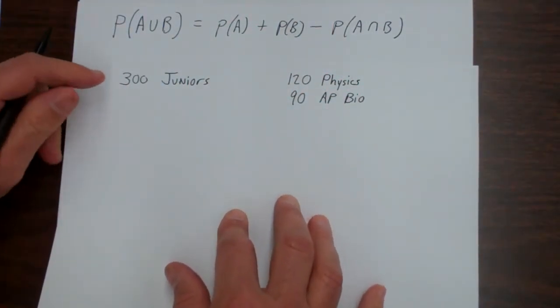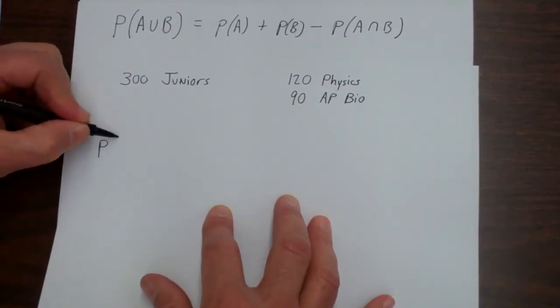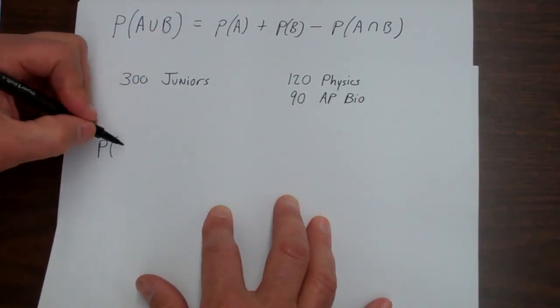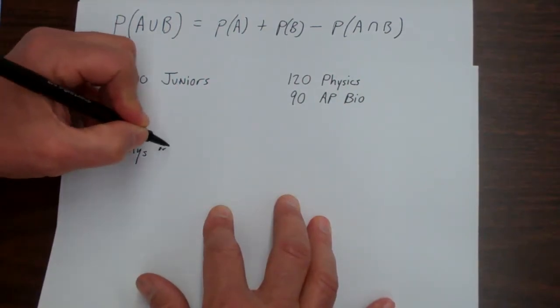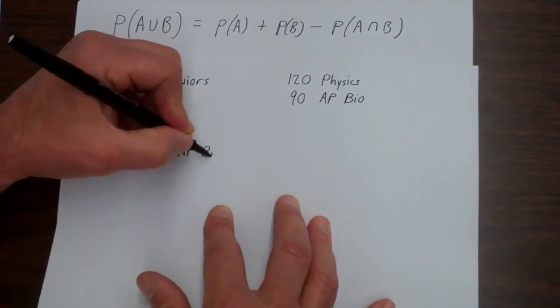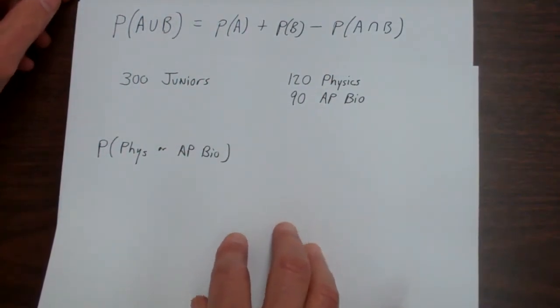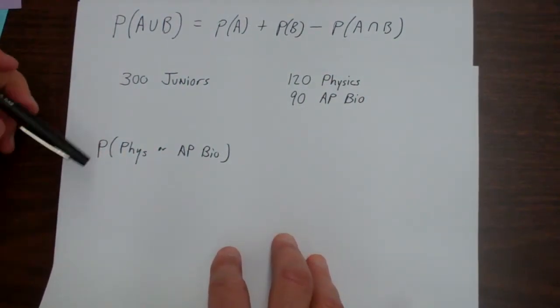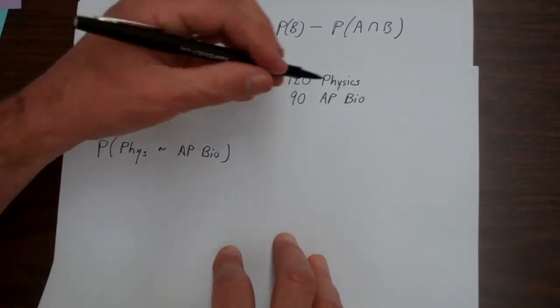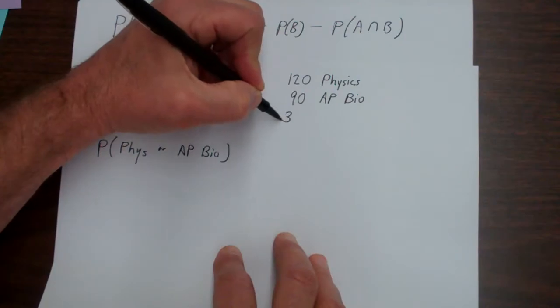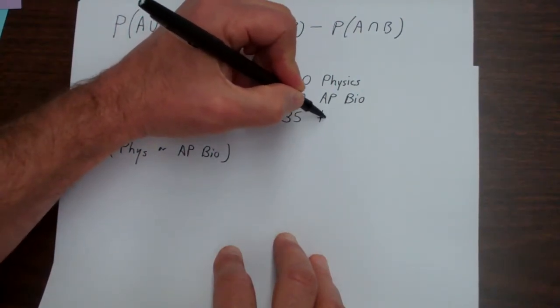The question you want to know is what's the probability that a junior takes either physics or AP bio? What makes this problem a little difficult is some students are taking both. And the key question is how many are taking both? Let's say in this problem 35 take both.